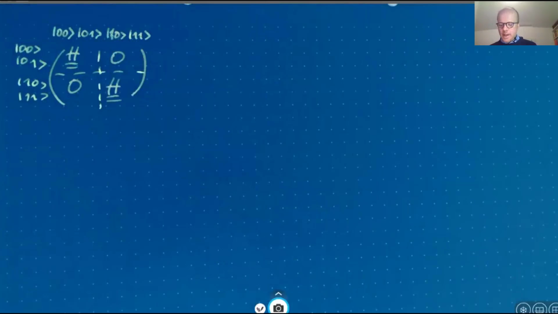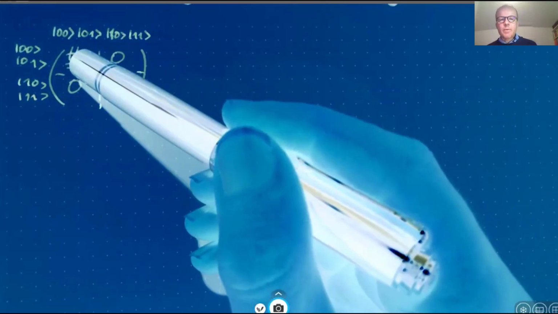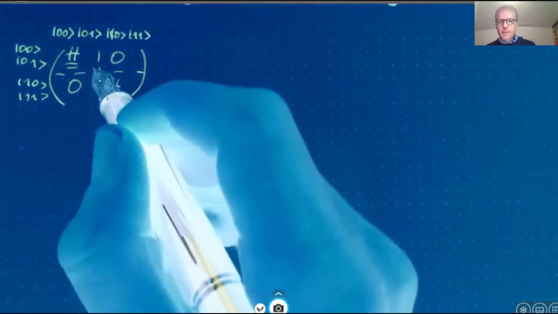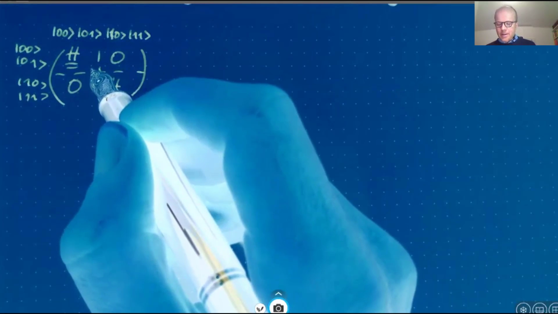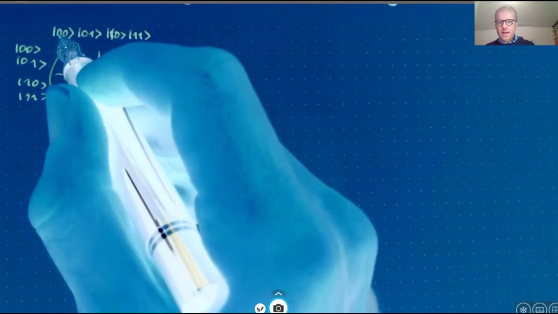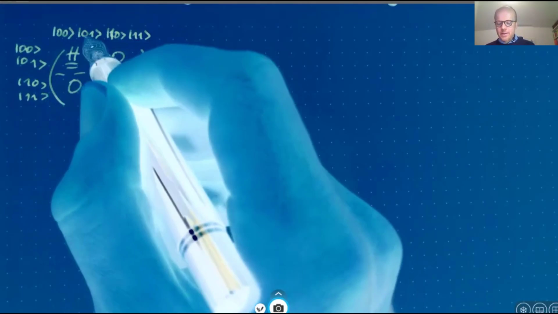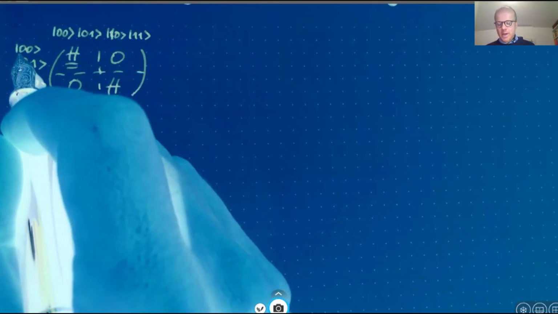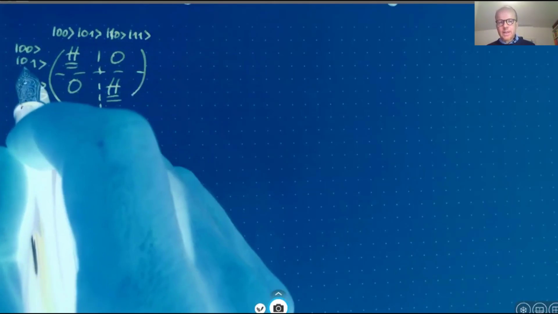So this Hadamard here in the upper left corner, that maps the subspace spanned by 0, 0 and 0, 1 to the subspace spanned by the same basis vectors 0, 0 and 0, 1.